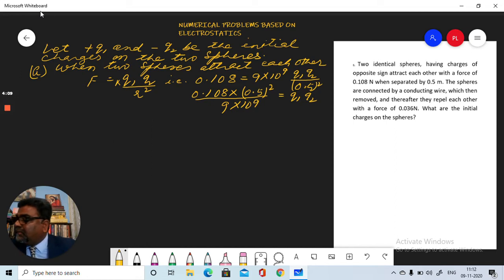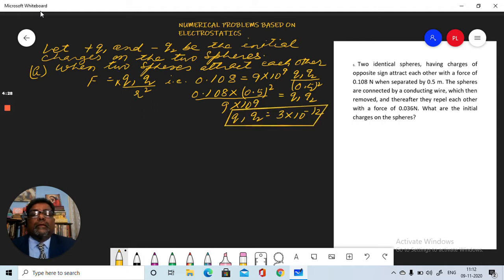If you solve it, you will get Q1 Q2 equals 3 into 10 raised to the power minus 12. Now similarly you have B segment.